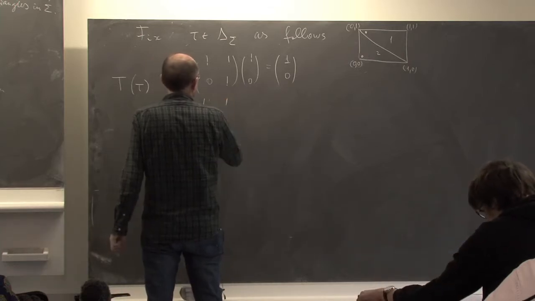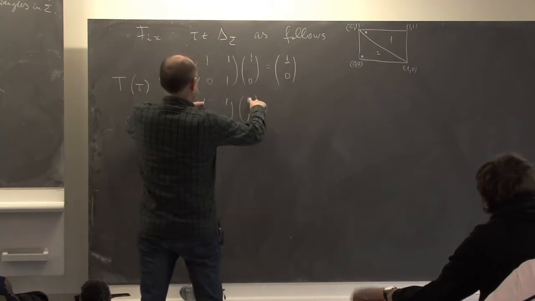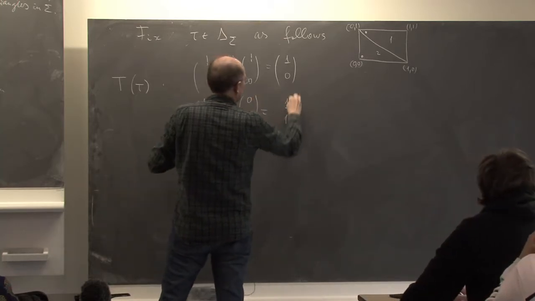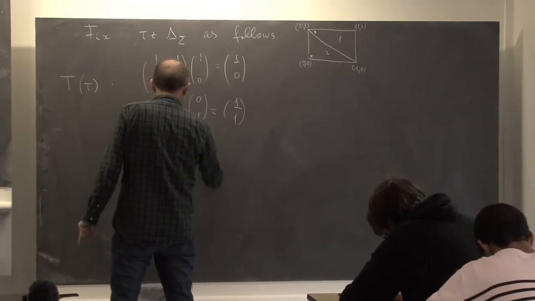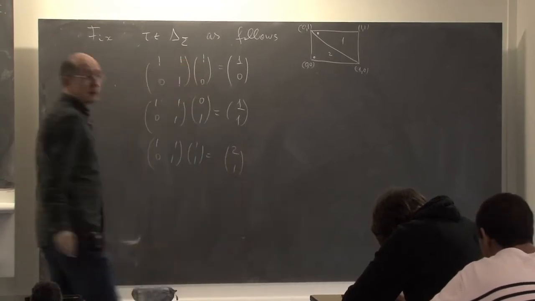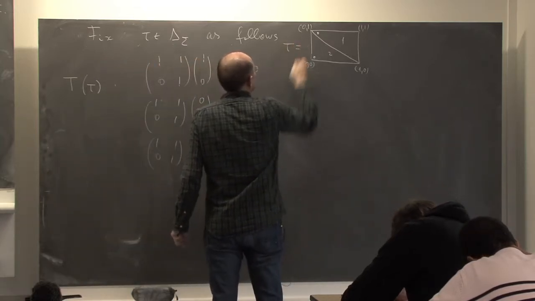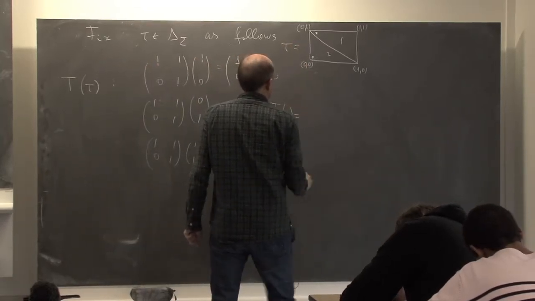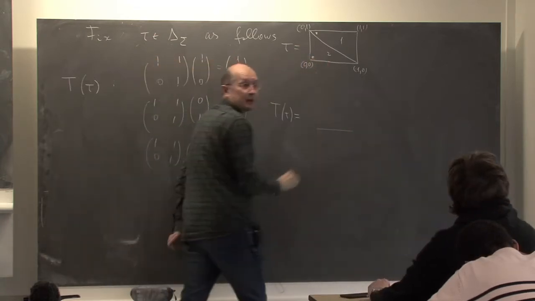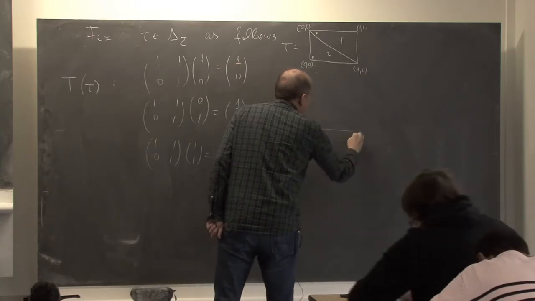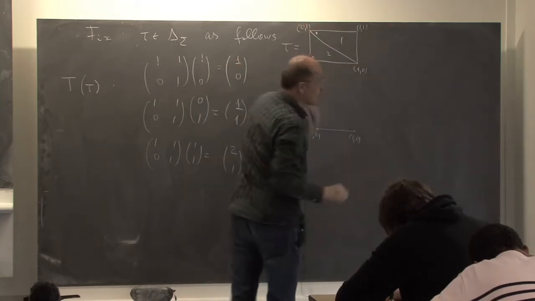And (0, 1) goes to (1, 1). And finally (1, 1) goes to (2, 1). So this is T of tau. So the bottom side stays intact, but the upper side is moved by one period.